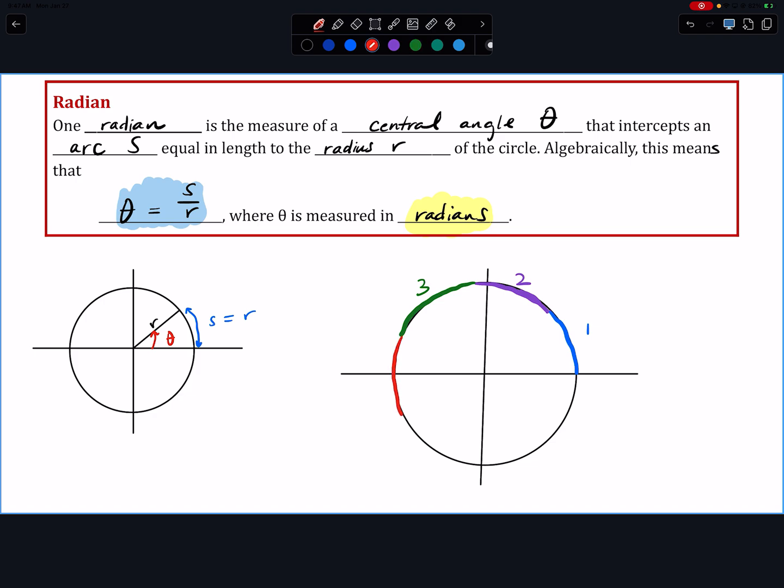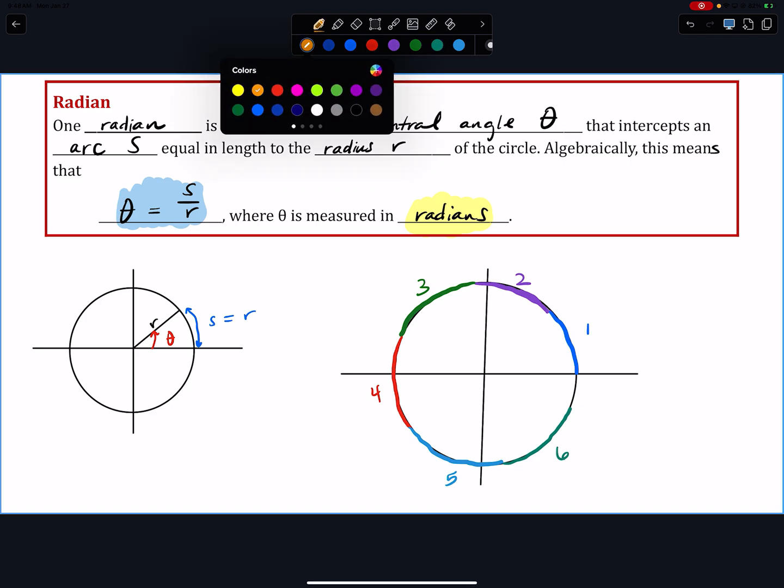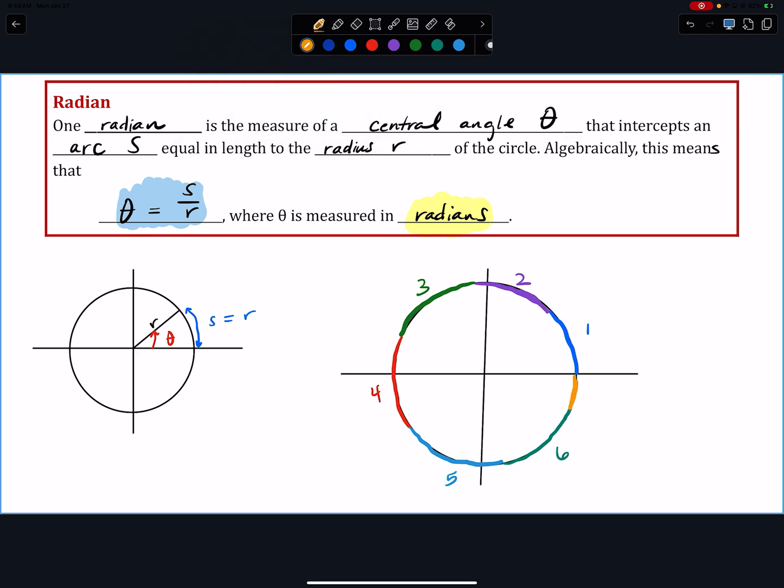And again, 4. And again, 5. 6. And then just a little bit more.